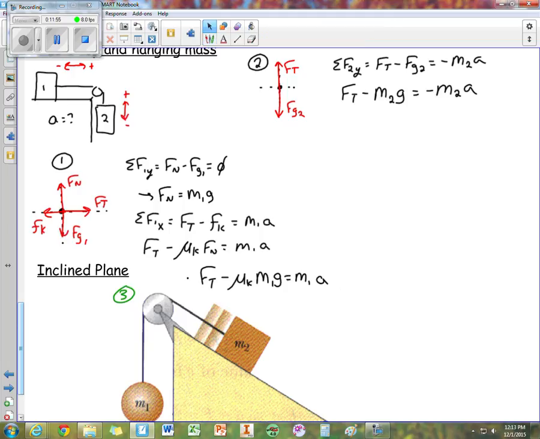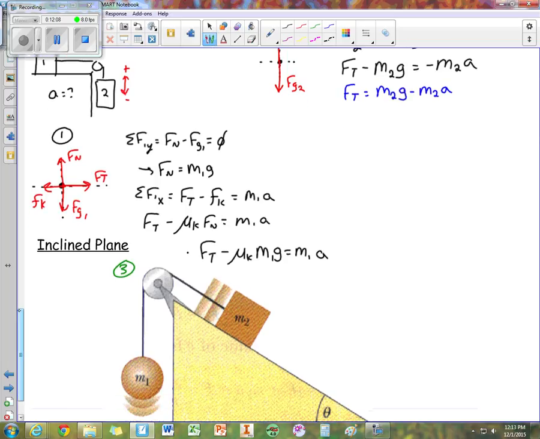Well, just like last time, we can solve both of these equations for the tension force. And then we can set these two equations equal to each other.